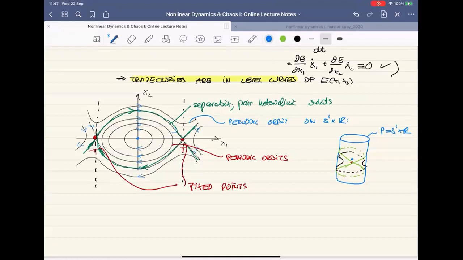I don't want to draw too much, but it's on the other side of the cylinder. Maybe it's better if I put it there and plot these little orbits on the other side, because you don't see them on this side.